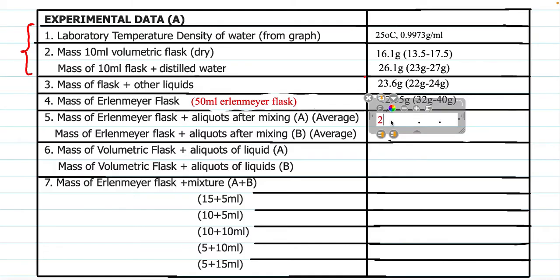We have this here to be 24.5 grams. Now, please, this place is supposed to give the range of value you're supposed to get here. It's supposed to be, let's say, 23 to 26 grams.